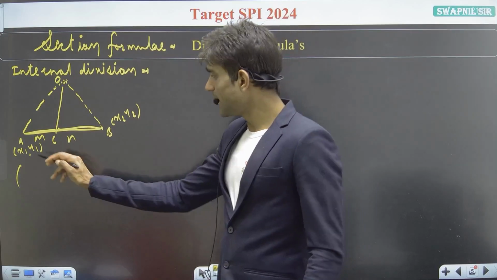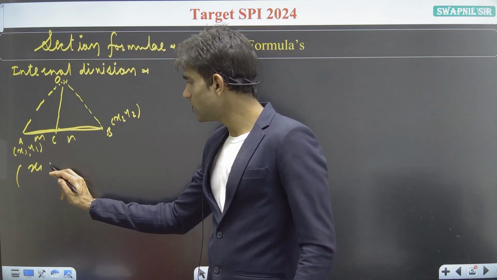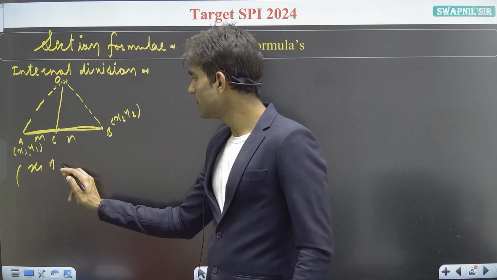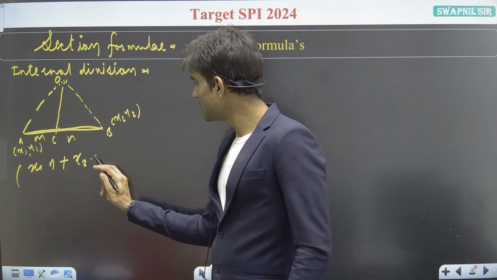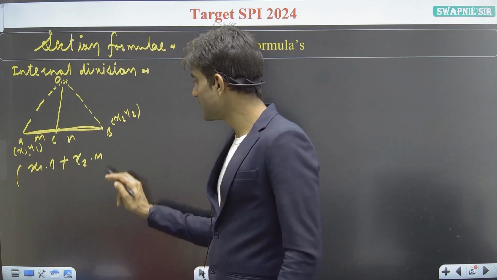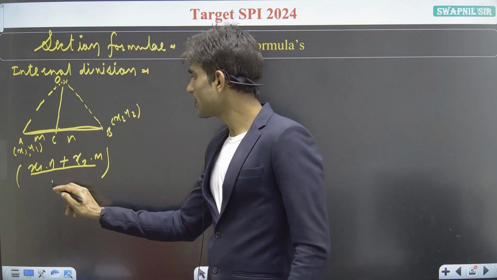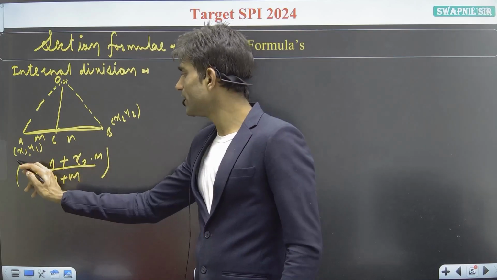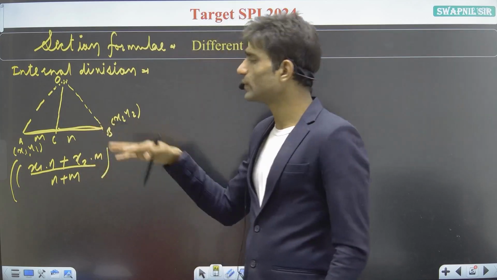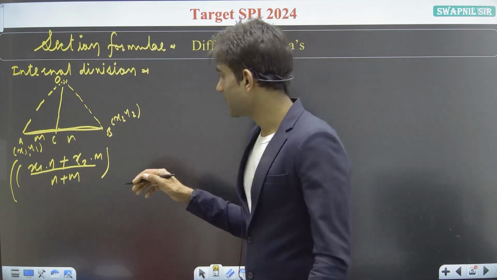So x1 into N plus x2 into M, divided by N plus M. This is the first coordinate for our section formula when the third point C divides our line segment AB.